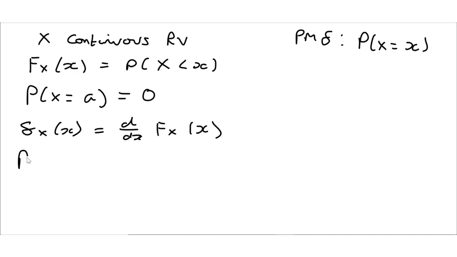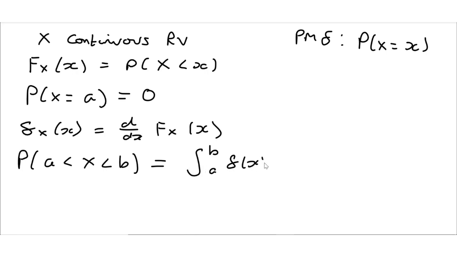So the probability that our random variable X takes a value between a and b is equal to the integral from a to b of f of x dx, and that's the same thing, because of how integrations work, as F of b minus F of a. Okay, so that's the probability that X is less than b minus the probability that X is less than a. We subtract that, we get the region where it's greater than a, less than b.